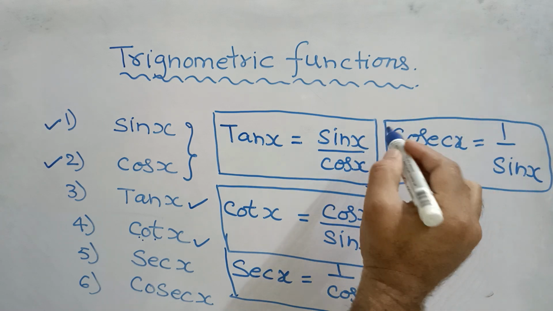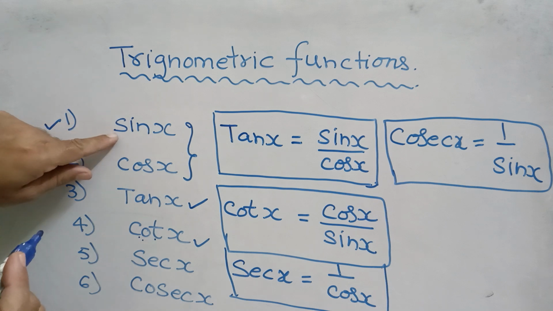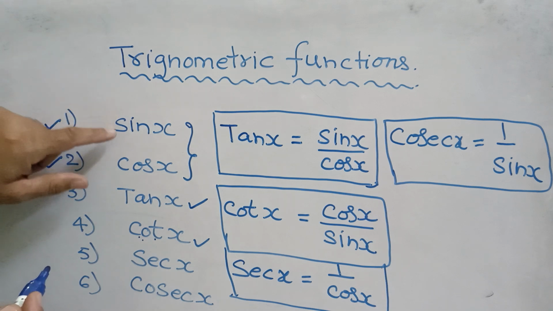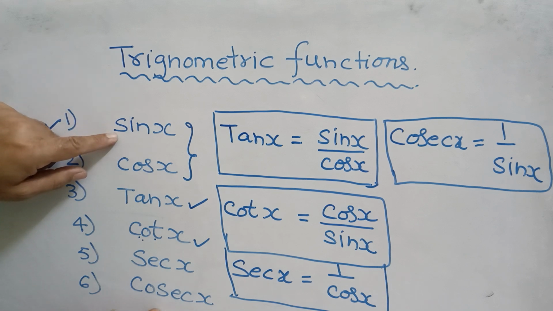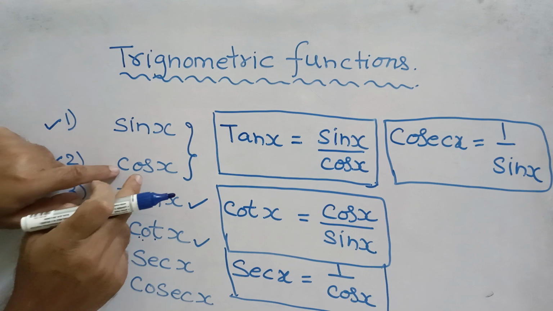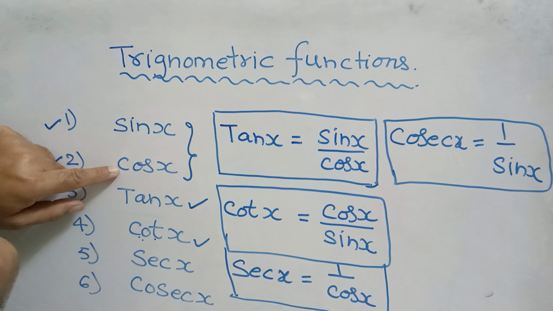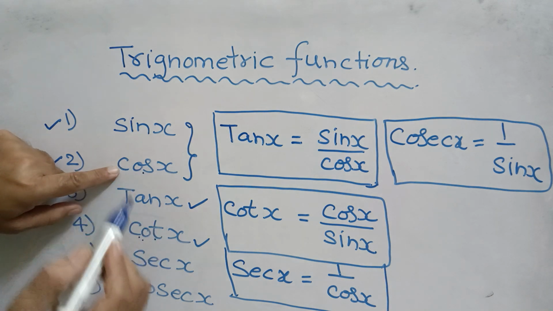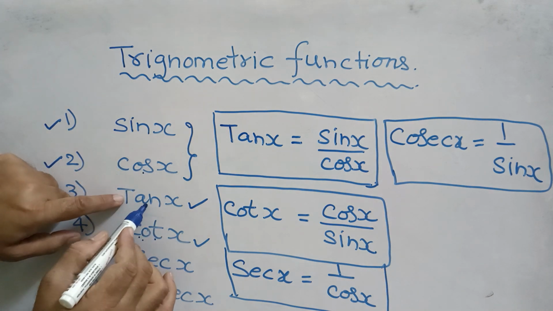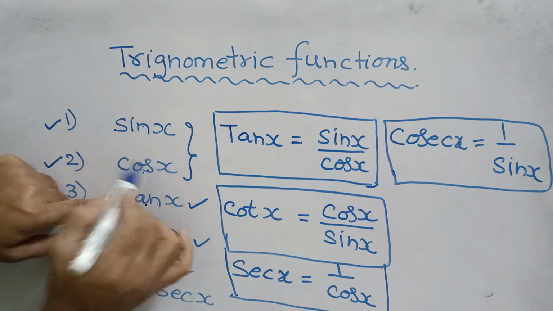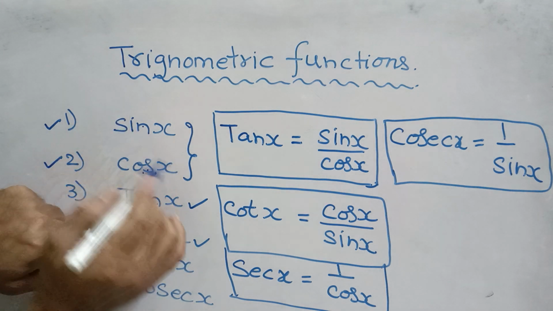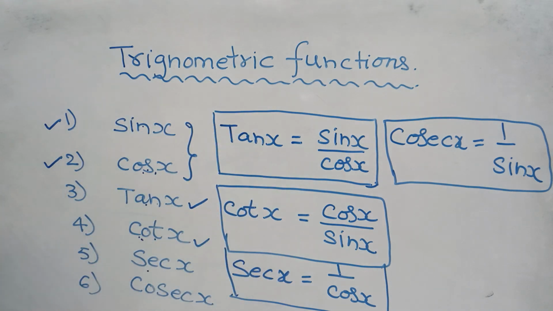If you take the reverse of cos x, that is 1 by cos x, that gives secant x. If you take 1 by sin x, that gives cosecant x. Whereas tan x is equal to sin by cos, and cot is equal to cos by sin. In this sequence, you have to remember these basic definitions.